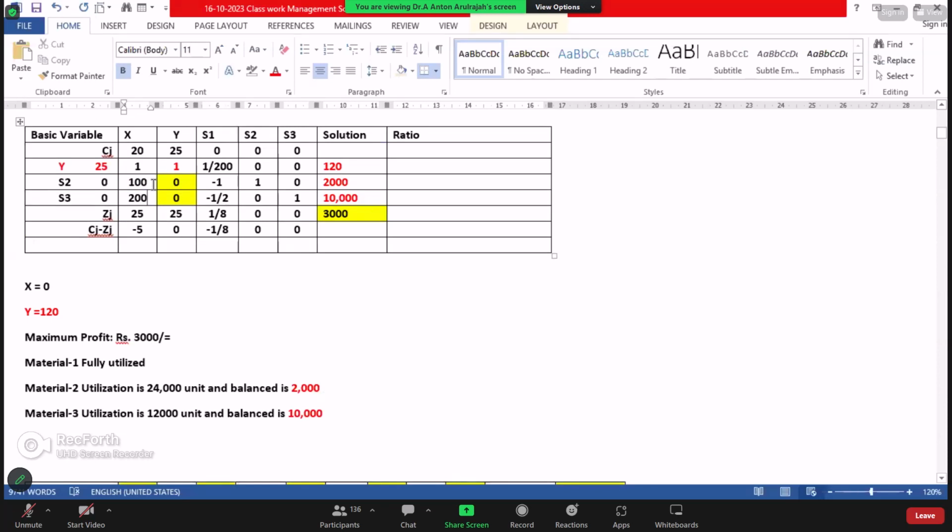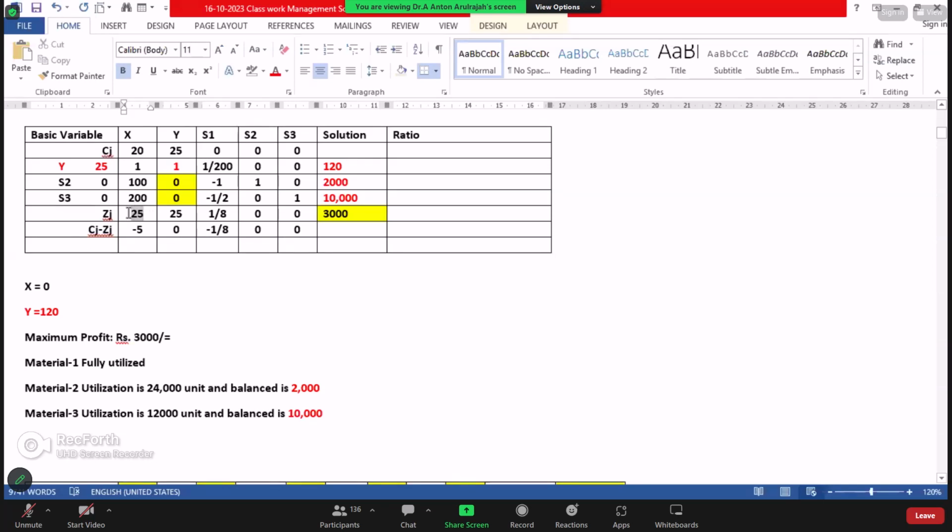After that, our operation is over. Then we have to find the Cj value, Zj value and Cj minus Zj value. You know how to find the Zj value. This value has to multiply by this, and this value has to multiply by this, and finally the answers have to be added. Here 25 into 1, 25, plus 0 into 100, 0, plus 0 into 200, that is equal to 25.